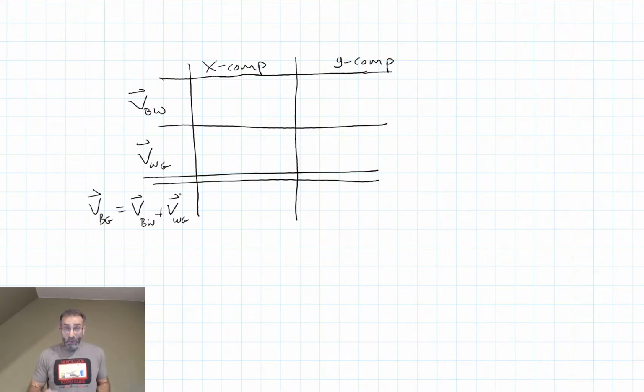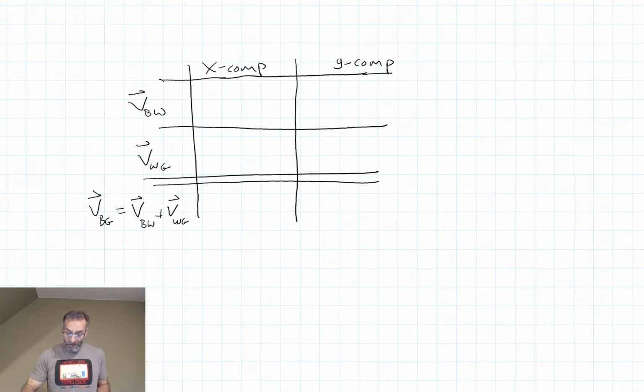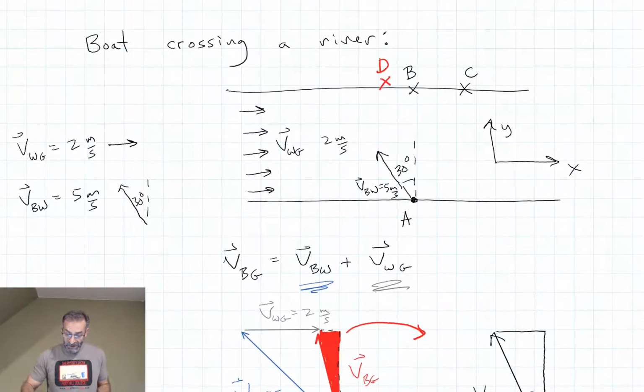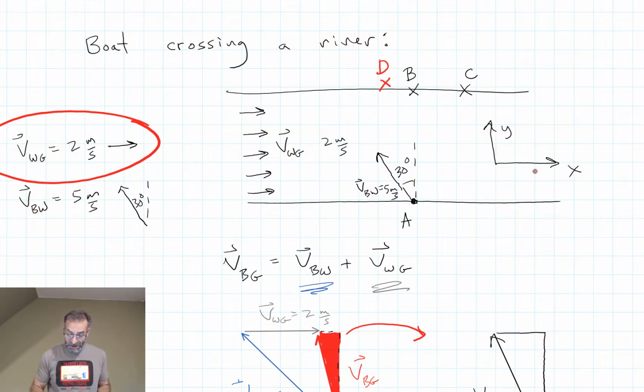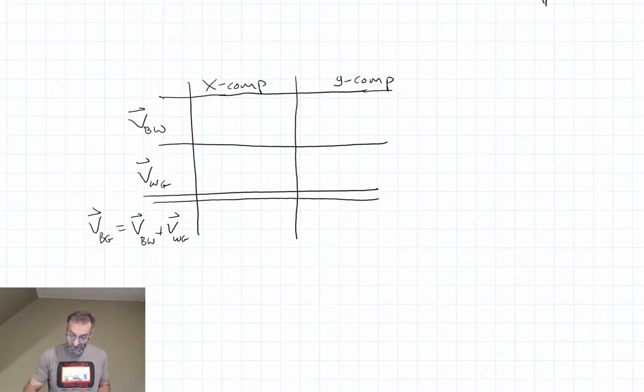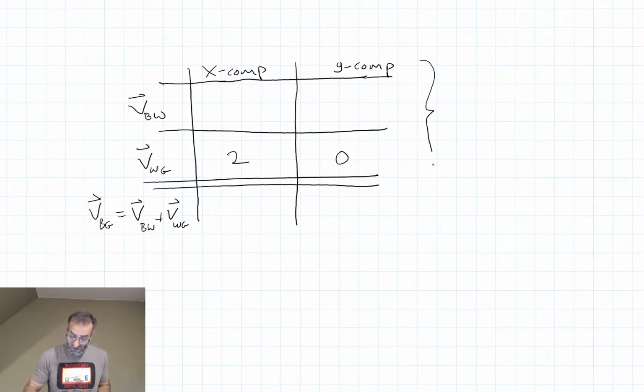The velocity of the water with respect to the ground is easy because it's only flowing in one direction. Let's take a look. The velocity of the water with respect to the ground is flowing in the positive x direction, and it has no y component at all. And I'm going to use meters per second for my units for everything.